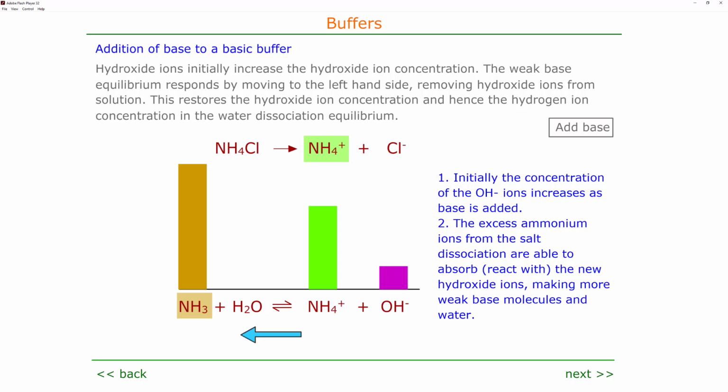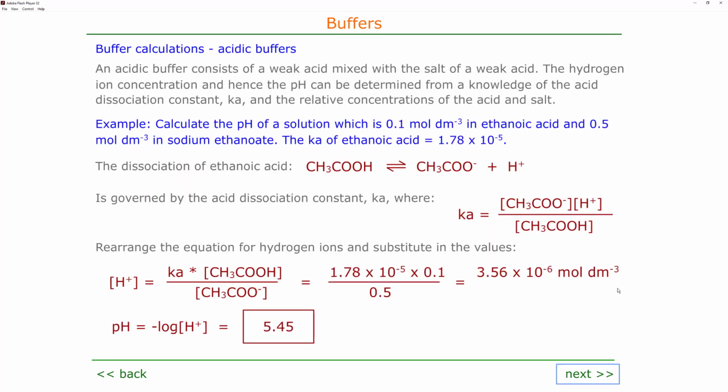So this is how buffers, both acidic buffers and basic buffers, work. And we can do the calculations on this. The calculation just involves using down here, if we have a look, we've got the ethanoic acid dissociation constant Ka is equal to the conjugate base ions multiplied by the hydrogen ions divided by the ethanoic acid.